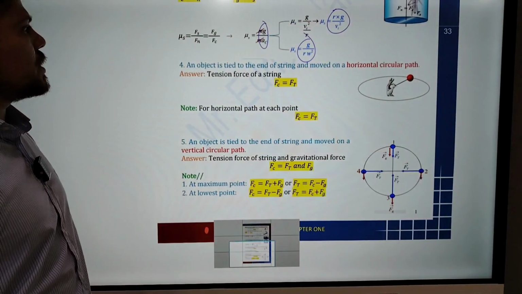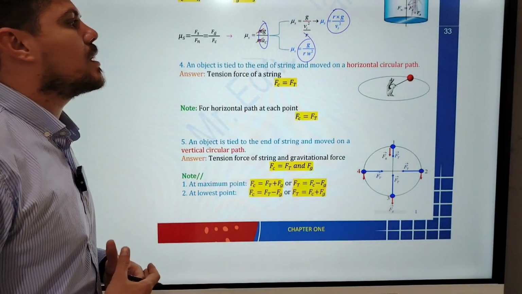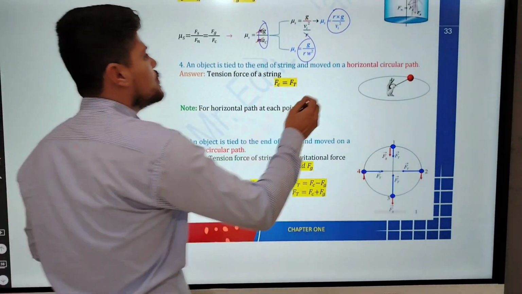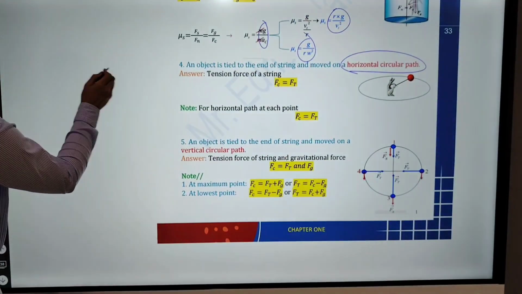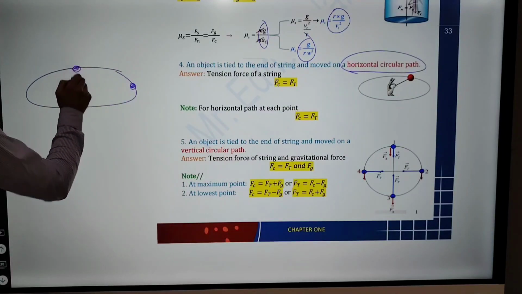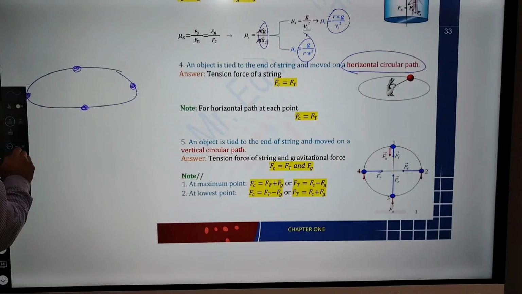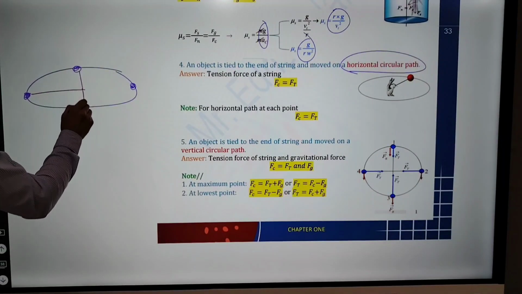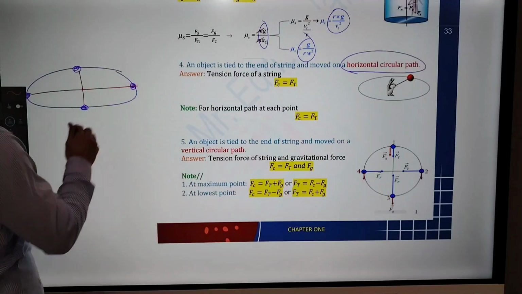Another source of the centripetal force: an object is tied to the end of the string and moves in a horizontal path. In which path? Horizontal path. In a horizontal path, at each point, only the tension force of the rope provides the centripetal force.